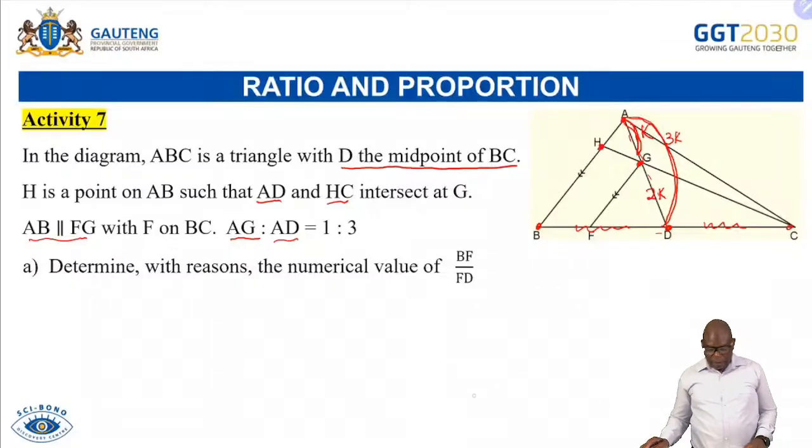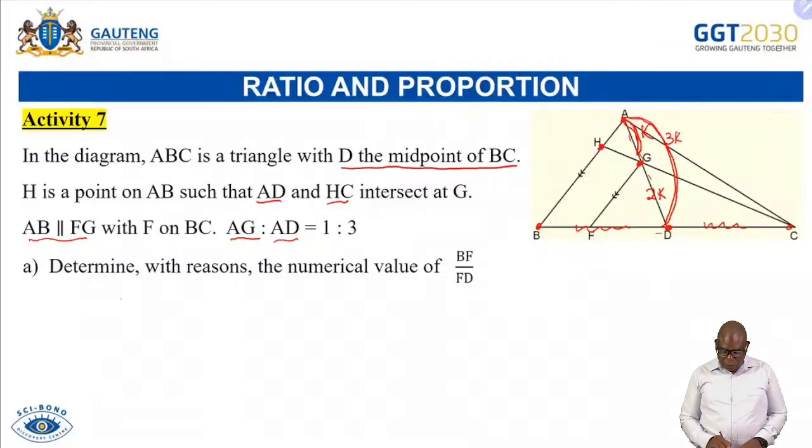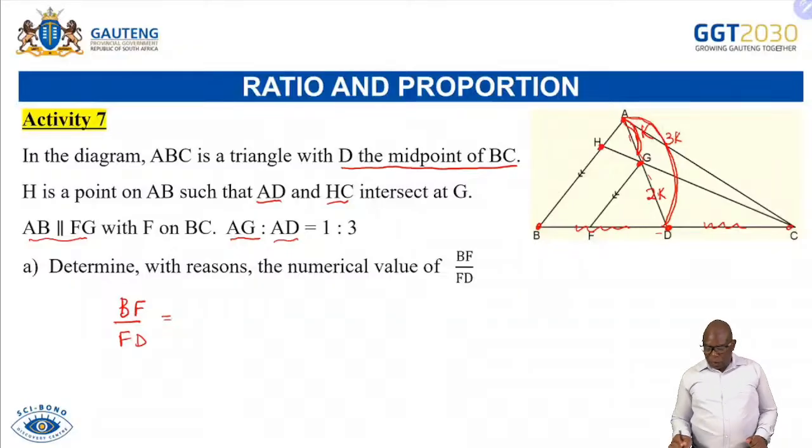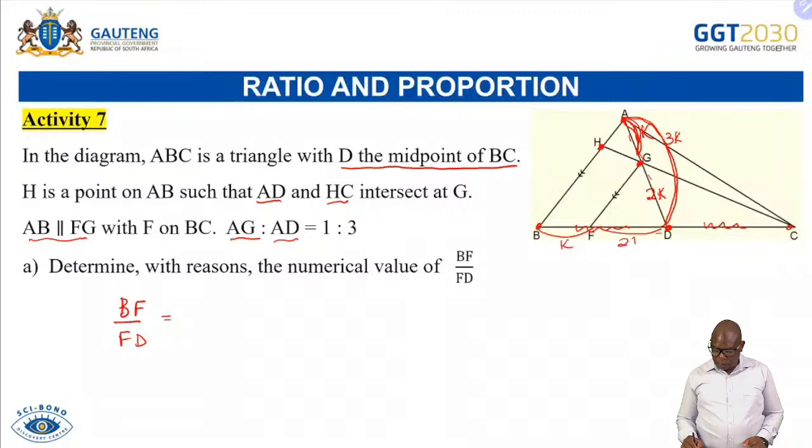Now, the first question says, let's get the ratio of BF over FG. If I look at this length here, it is K, so BF will be K, and the length FG will be 2K, which means the ratio will be K over 2K, which is the same as 1 over 2.